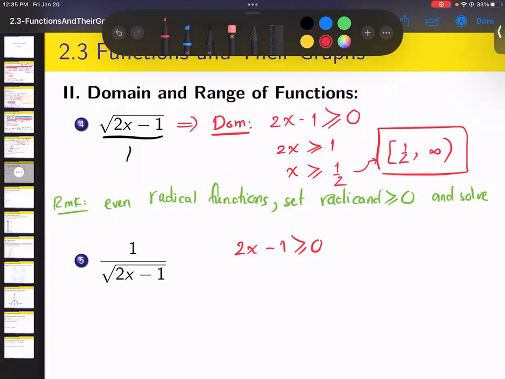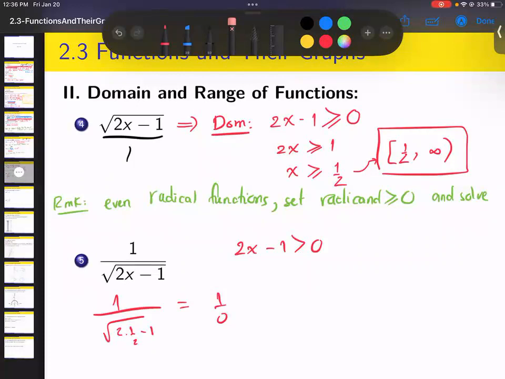If I include 1/2, what do I get? 0, right? And I cannot allow that. So if your radical is in the bottom, again even, then whatever is inside has to be strictly positive. So remove that equal sign.